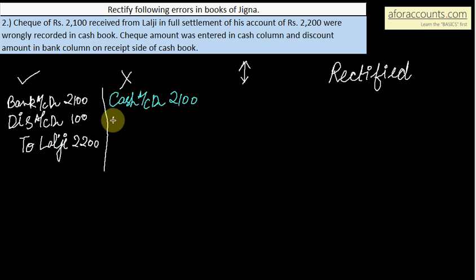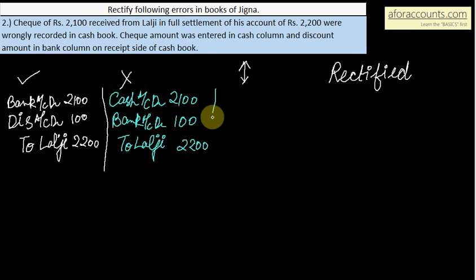Bank account. So instead of discount, what wrong did I do? Bank account debit of 100 to Lalji, how much? 2,200. This is my wrong entry. So third will be my reverse entry. Reverse entry is just the opposite of the wrong. Lalji is credit, so debit it. Lalji account debit.